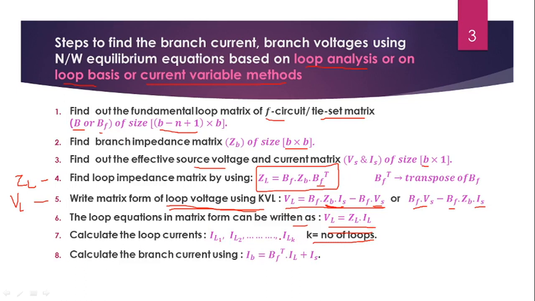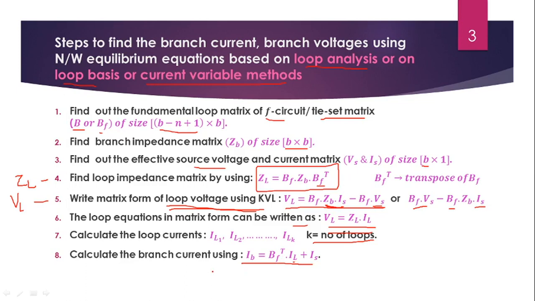Once we find the loop current, we can easily find the branch current using the relationship: the branch current IB equals the tie set matrix transpose into loop current plus the source current matrix.